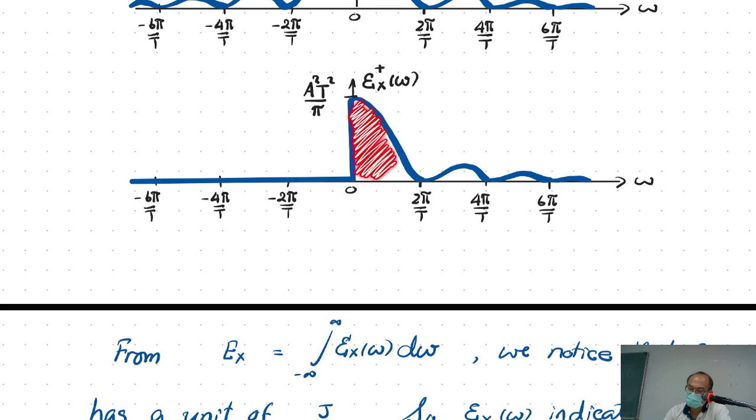You see the area under this graph over the interval from 0 to 2 pi over t is considerably larger than the areas of the rest of the interval. The area here is very, very large compared to the rest. So this means that for rectangular pulses, most of the energy is contained within the frequency from 0 to 2 pi over t, because the area here, relative to the other area, is very, very large.